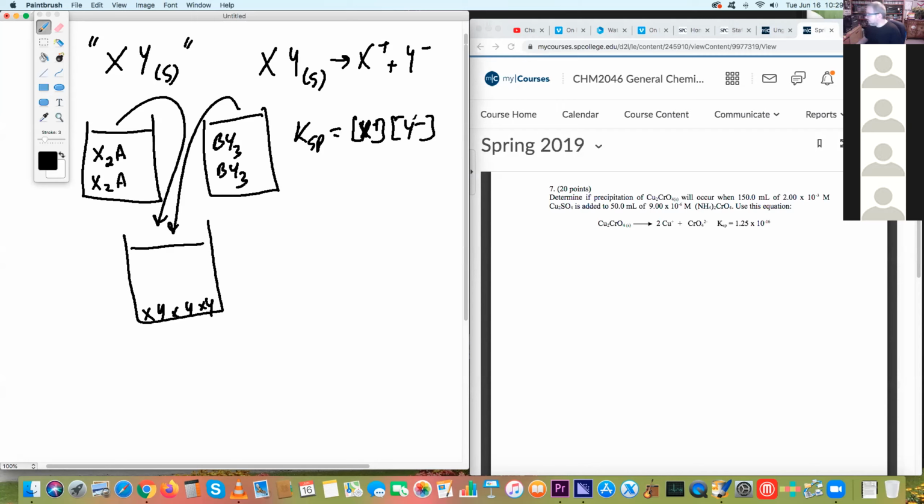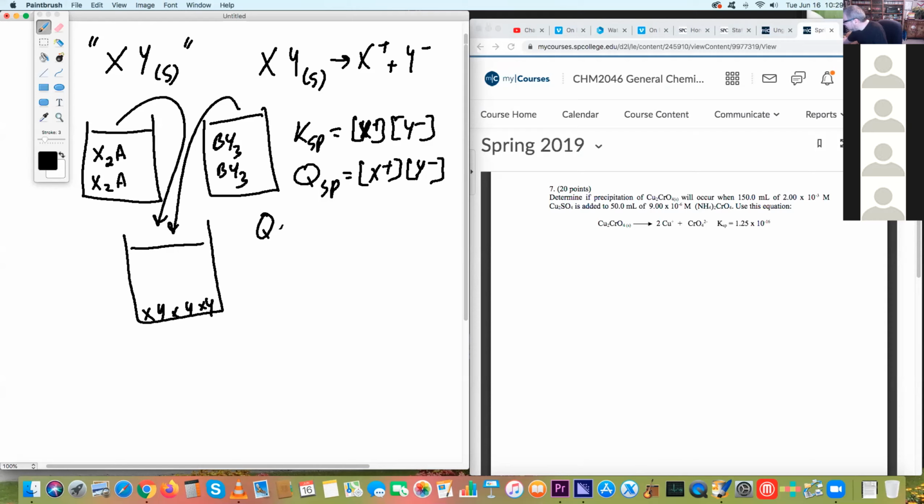So that'll be our KSP value. But we're also associating with that a QSP value, which is what we're going to be looking at before equilibrium occurs.